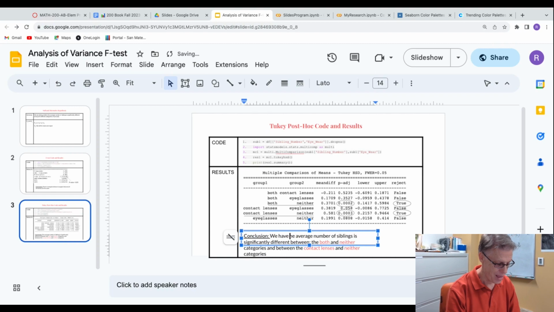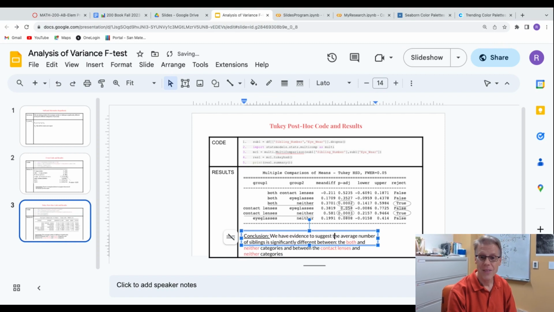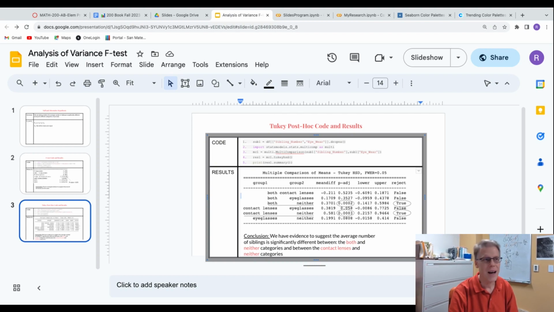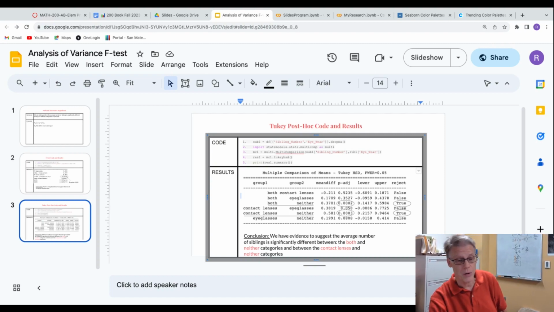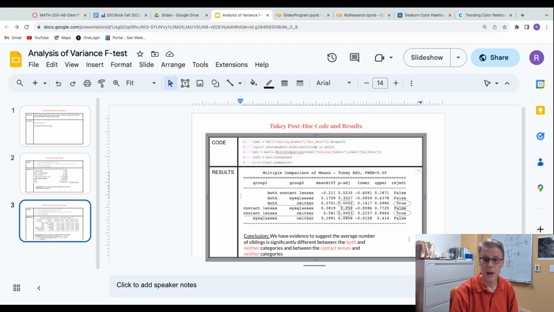We have evidence to suggest the average number of siblings is significantly different between, because in all these tests, we don't know for sure. As unlikely as it might be, even with a small chance that we just get some sampling variability, it's super unlikely. It's possible, and that's where the type 1 errors come in, where you reject.